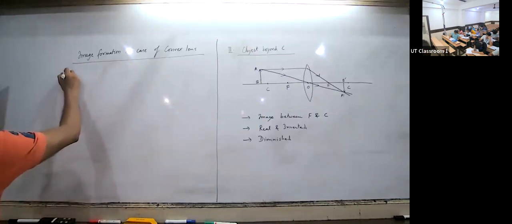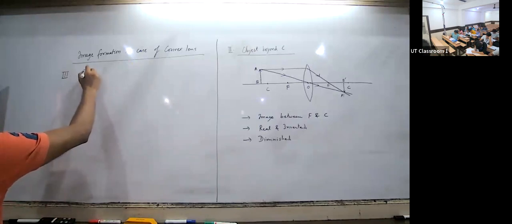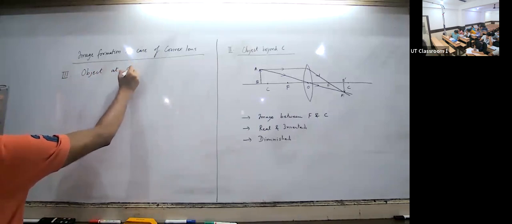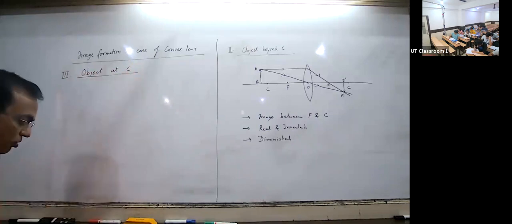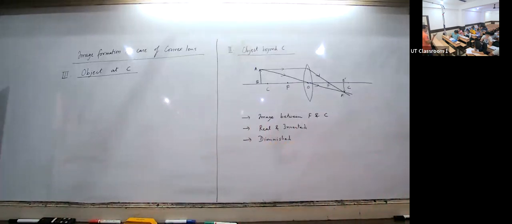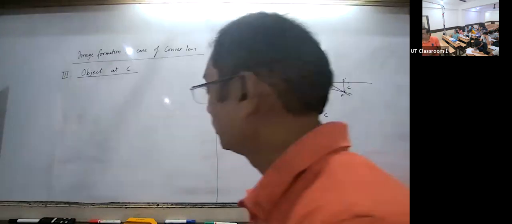So it will be same as concave mirror, object at C. So what should be the nature of image in this case? Same size. And where should be the image? Behind the lens. Where? What position? At C. At C itself. Okay? Exactly. So draw the diagram.